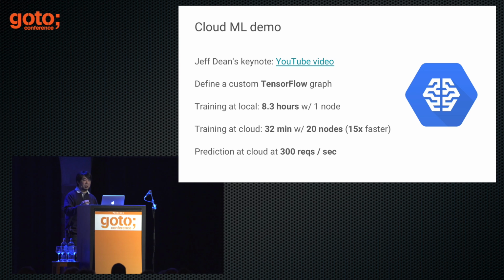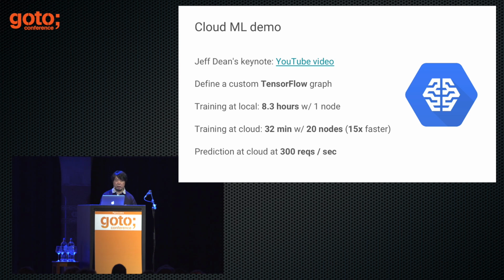But if you upload the same TensorFlow graph to Cloud ML, you can accelerate the performance up to 15 times faster. That means you could get the training result within 30 minutes rather than waiting 8 hours. That is the speed we are seeing inside Google for any deep learning deployment.